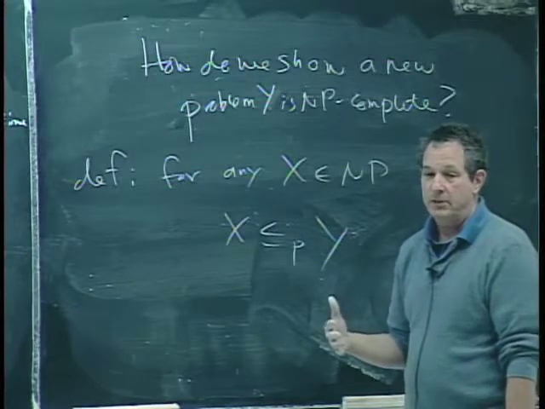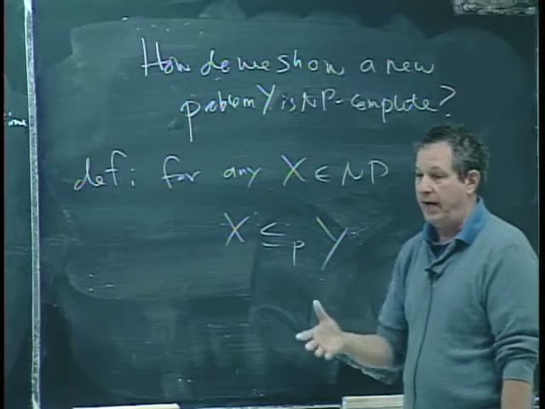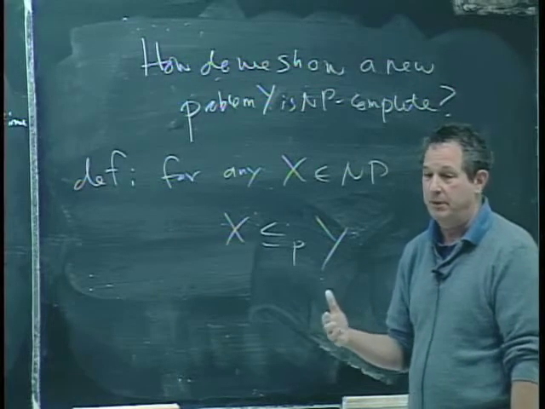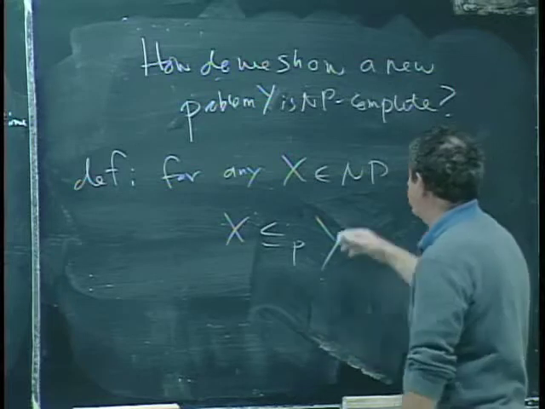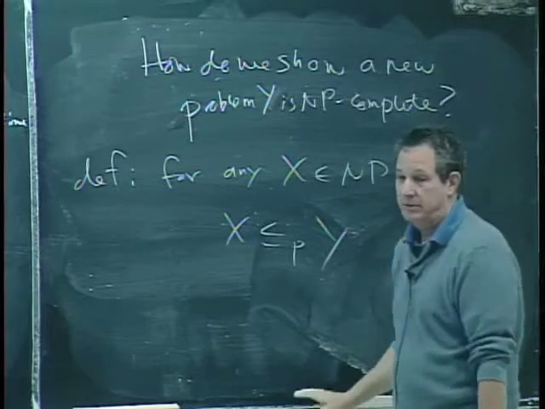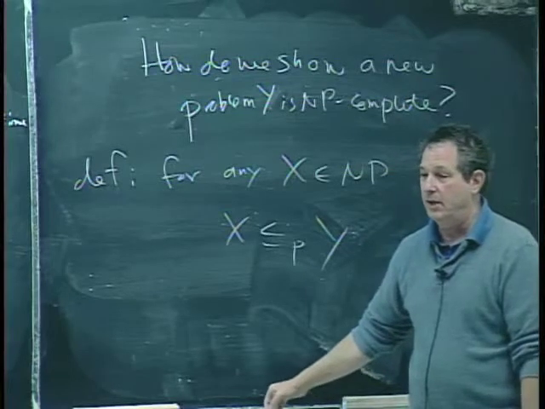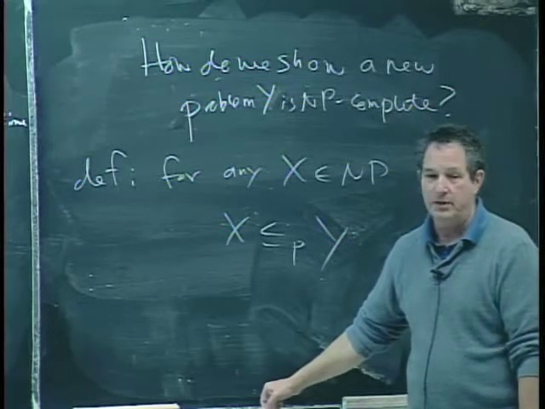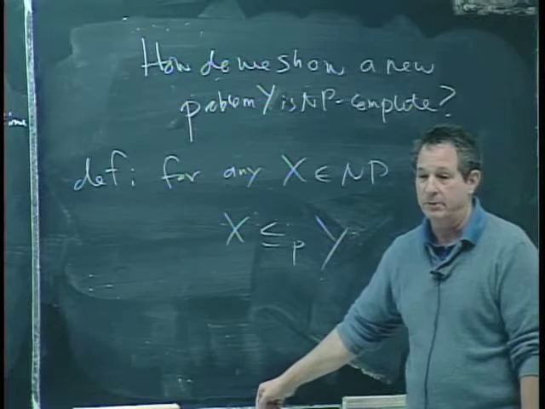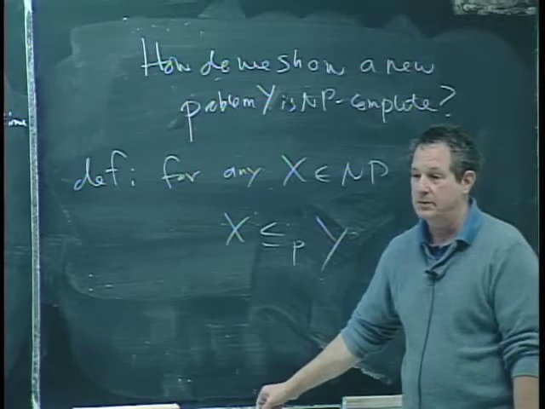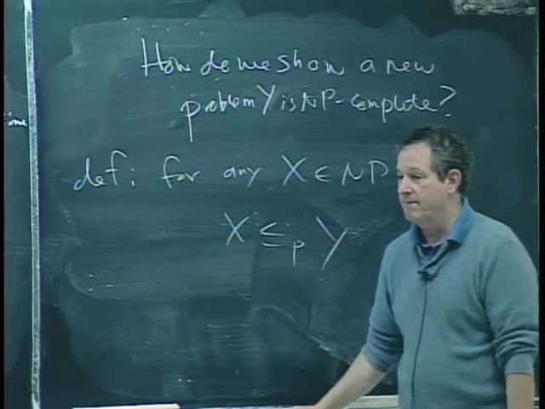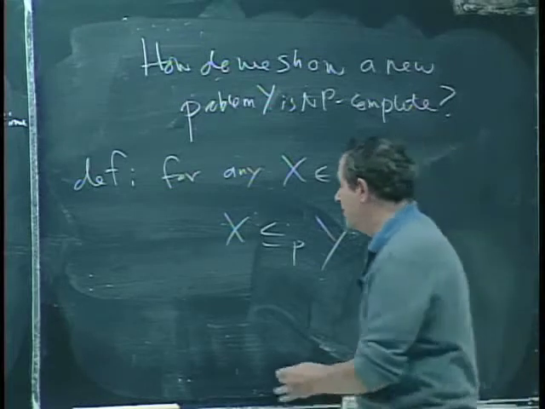Let's say you know, for example, that the SAT problem is NP-complete, and now you want to prove problem Y is NP-complete. So how can you prove that Y is NP-complete knowing that SAT is NP-complete? You want to try to reduce SAT to Y.